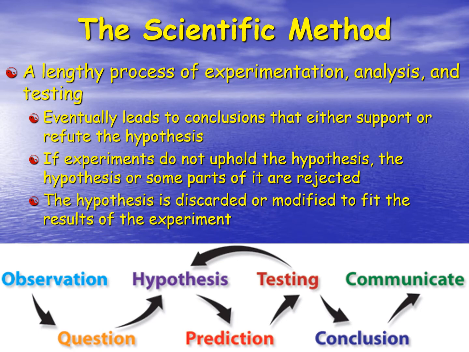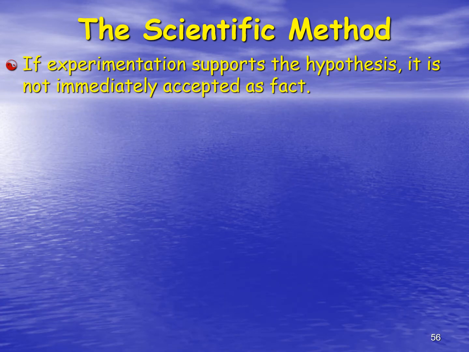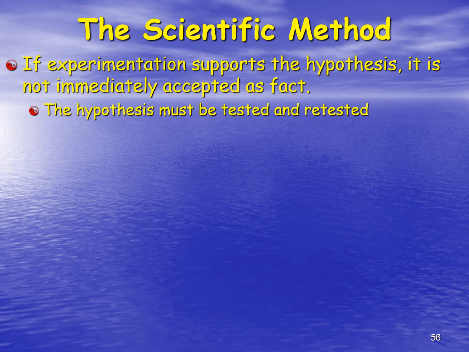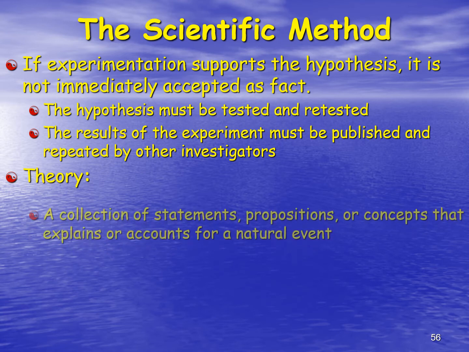So it's either discarded or modified to fit the results of the experiment. If experimentation supports the hypothesis, it's not immediately accepted as fact. The hypothesis must be tested and retested with consistent results. The results of these experiments then must be published and repeated by other investigators.